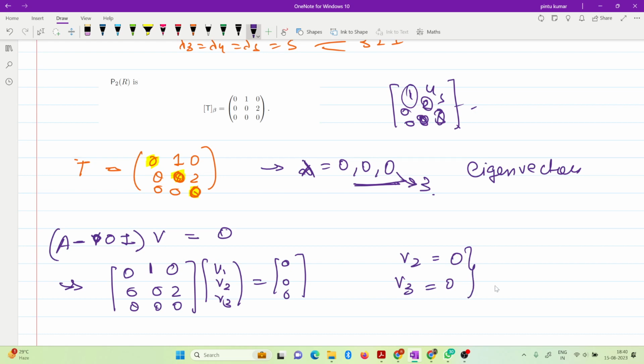Now, how many independent choices do I have? Only one choice left: I can choose any arbitrary V1. So I can get only one independent eigenvector, because I have only one arbitrary choice to make.